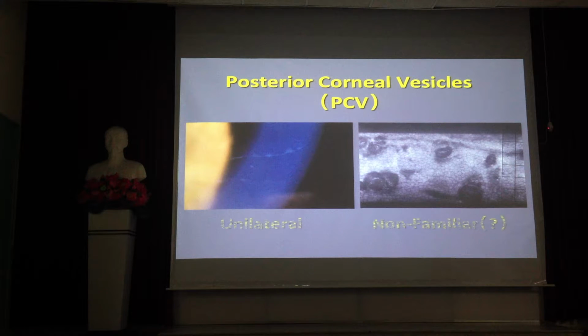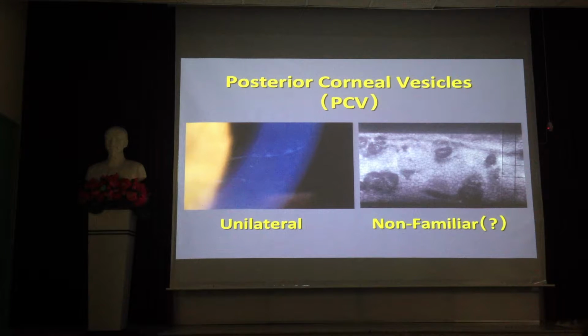This is usually unilateral and non-familial, but you can see a healthy-looking 20-year-old, 30-year-old, or 14-year-old boy or girl, and sometimes you could see some band-shaped lesions unilaterally.